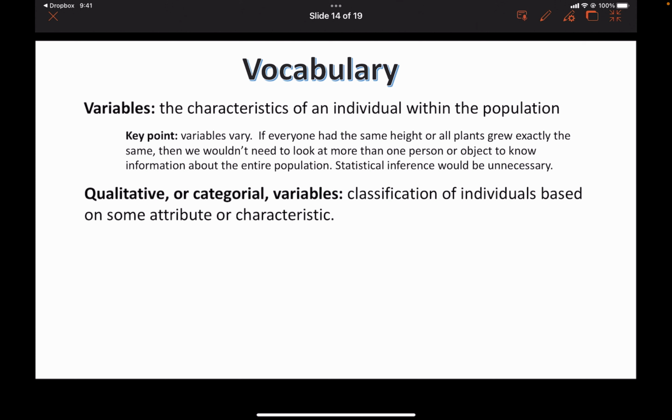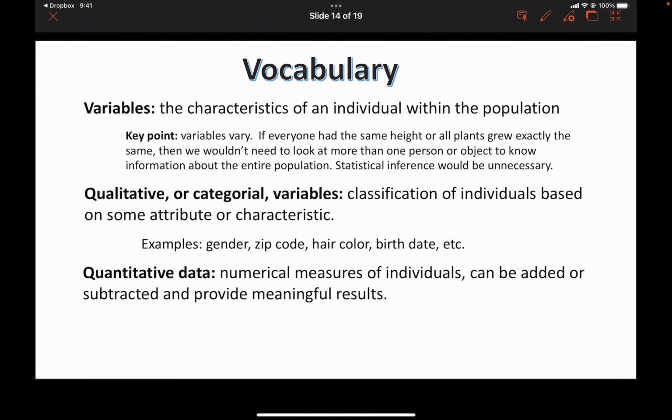This is generally non-numerical, but sometimes it is something numerical if the numbers don't make sense to do math with. For example, phone numbers would be qualitative only because you don't do math with phone numbers. Here are some examples: gender, zip code, hair color, birth date. These are not normally things we do math with, and so these are qualitative.